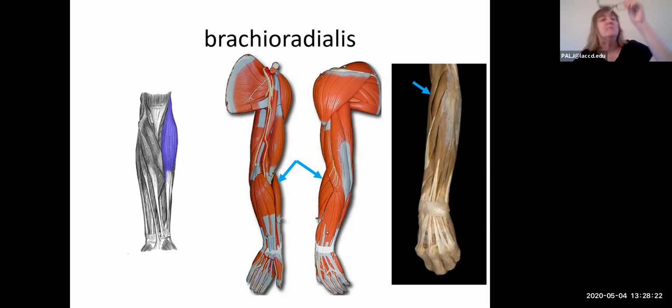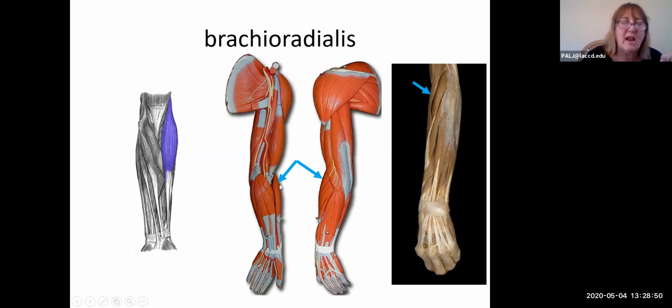So here's what I mean by it arises posteriorly. On the right model, this is a posterior view. You can see because this is the back of the hand. So the lateral epicondyle is over here. So it is the highest muscle coming off. But then go to the left where you can see the palm. This is an anterior view. This is the brachioradialis going down on the thumb side.